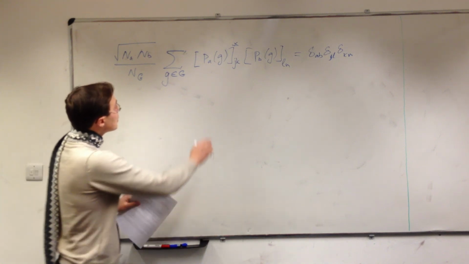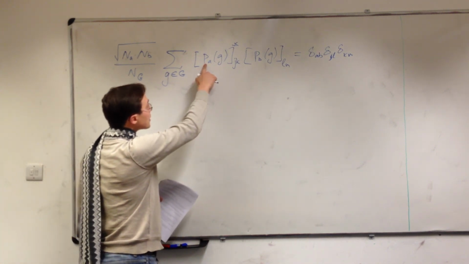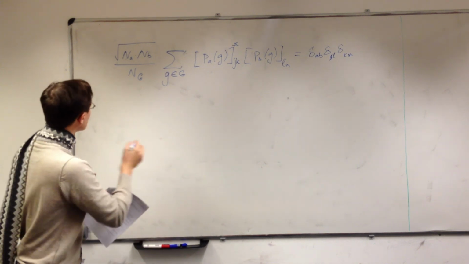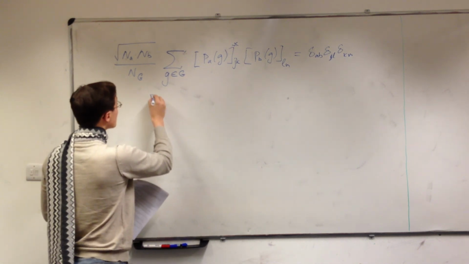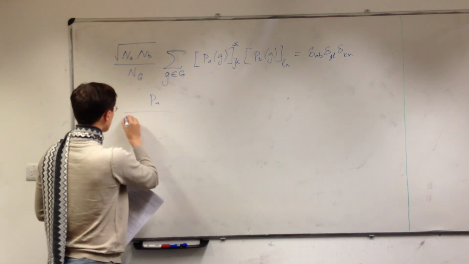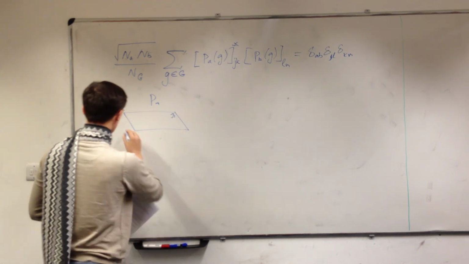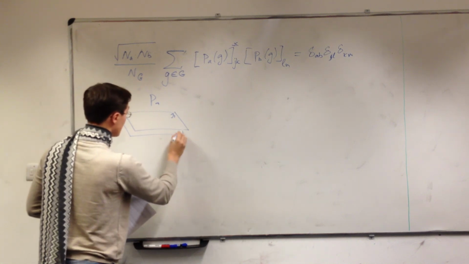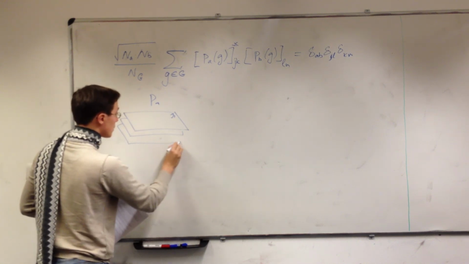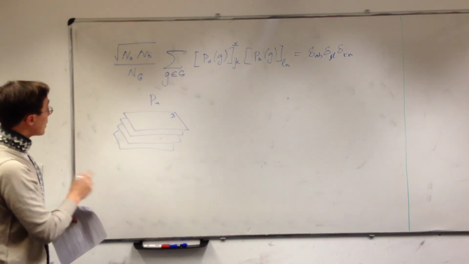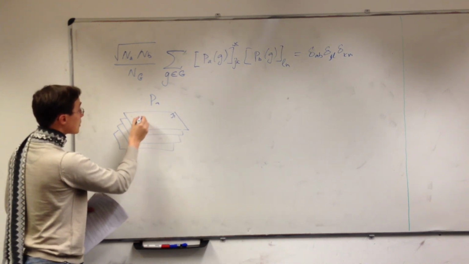Let's take matrices of this representation for each G and stack them vertically like we would stack a deck of cards. So this is PA, and this is the matrix of G1, this will be the matrix of G2, G3, G4, and so on. We just stack them vertically, and they have some elements.